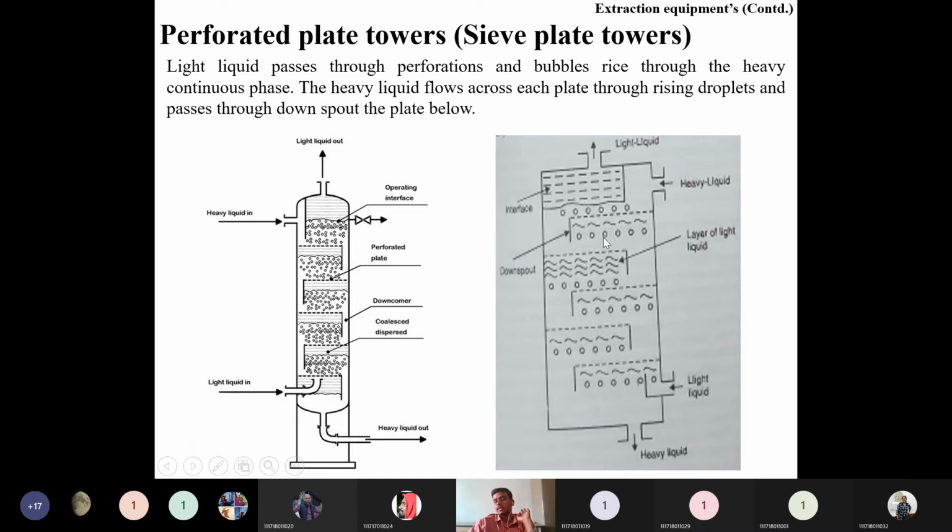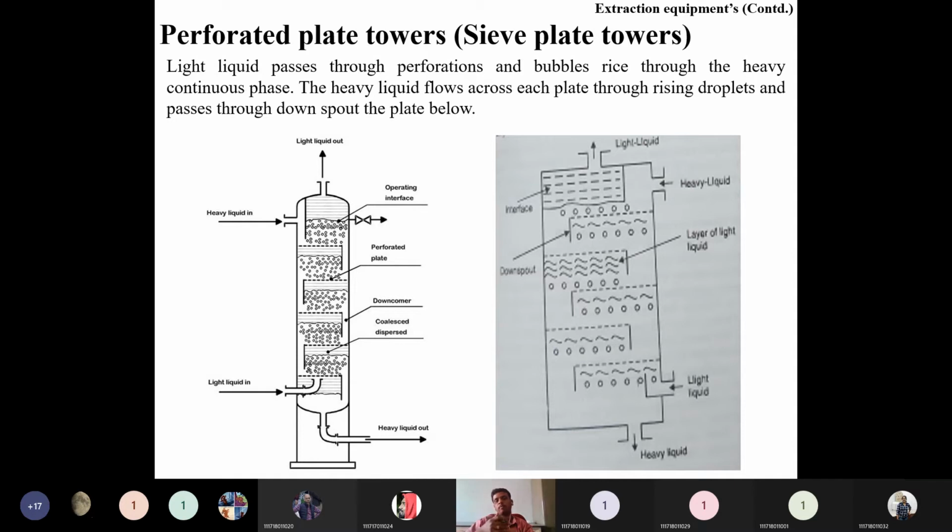During this traveling, the intimate contact between the two phases will increase. Now the light liquid has to travel from here and disperse through these perforations, so through these perforations also the intimate contact between the two phases will be brought about. So the only difference between the spray tower, packed tower and this perforated column is that in the spray tower a straight flow of liquid is possible.